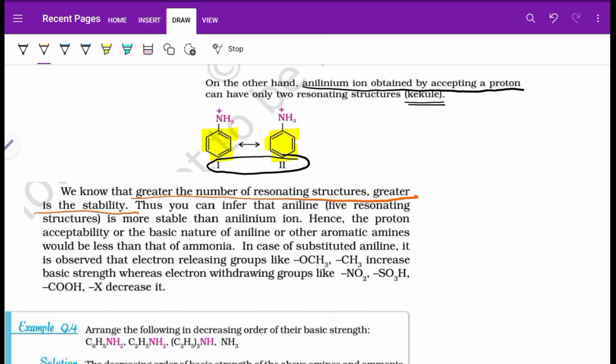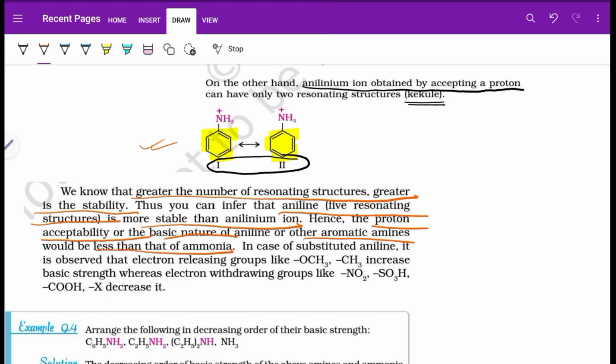So you can say that aniline has 5 resonating structures and is more stable than the anilinium ion, which has 2 resonating forms. So we can say that the proton accepting capacity or the basic nature of aniline or any other aromatic amine will be less than that of ammonia.